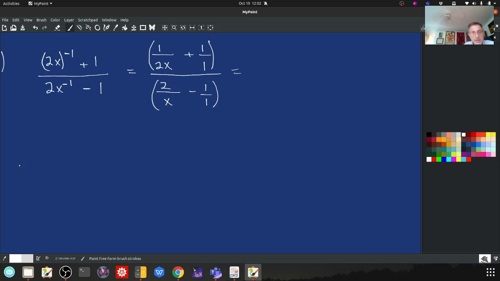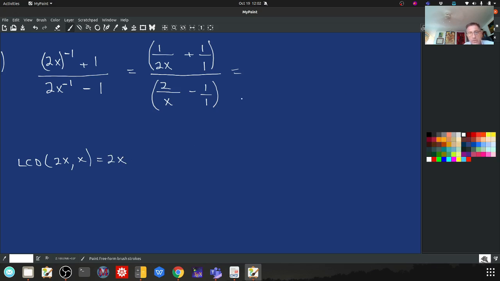But what is our next task? It is to find the LCD of our denominators, 2x and x. We don't care about the ones. We only care about denominators that are not 1. And I'm hoping you realize that that's 2x.